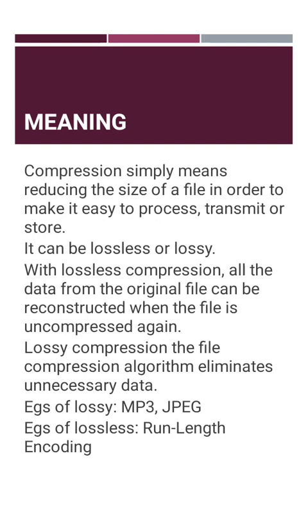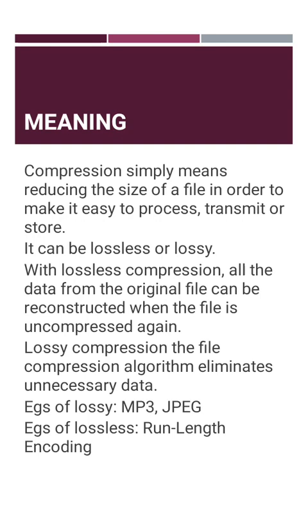So for lossless compression, all the data of the original file can be reconstructed when the file is uncompressed again, right? But with lossy compression, like JPEG, like MP3, when you are compressing, you remove data that we consider unnecessary to the user of the file. Of course, the file is now losing quality because it's no longer the original file.